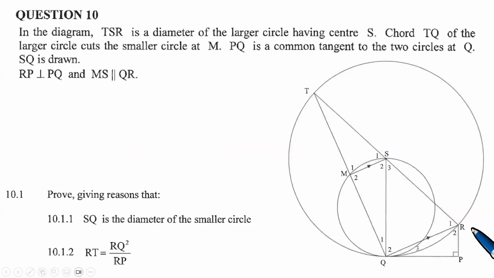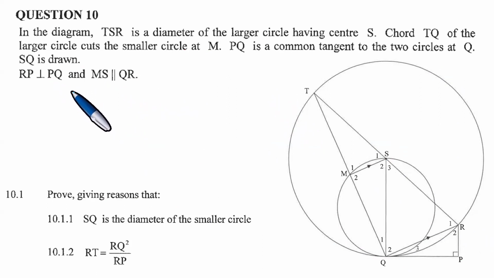Here comes a nice geometry question. In the diagram, TSR is the diameter of the largest circle. Chord TQ of the largest circle cuts the smaller circle at M. PQ is the common tangent to the two circles at Q. SQ is drawn.